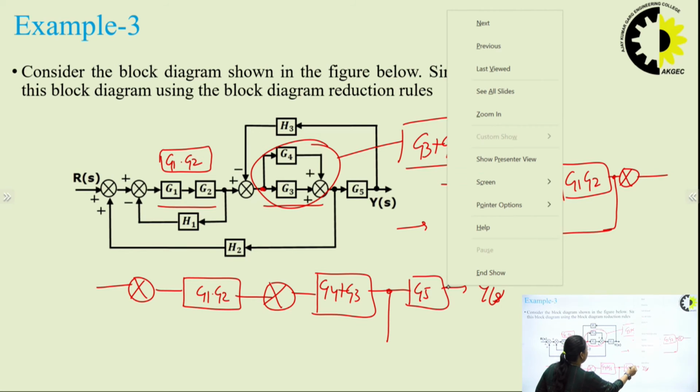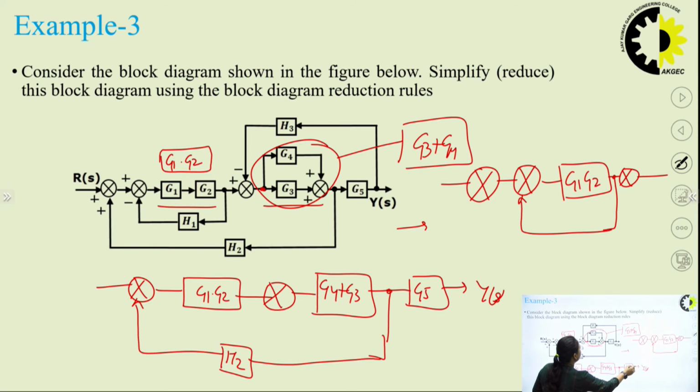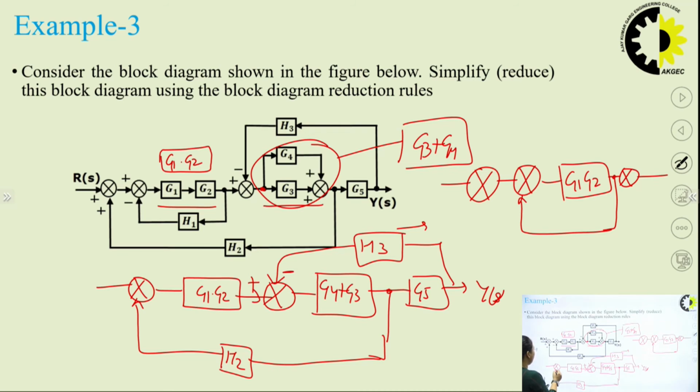And from here I am getting H2, which is coming from here, and this Y(s) is H3, which is coming to this summing point with the negative sign. This is positive sign. One more feedback should be here, which is not solved still now. So I am getting it from here with the negative sign, and these two are connected here. This is R(s) with a positive sign, and this is also a positive sign.